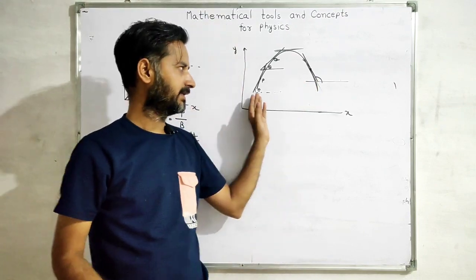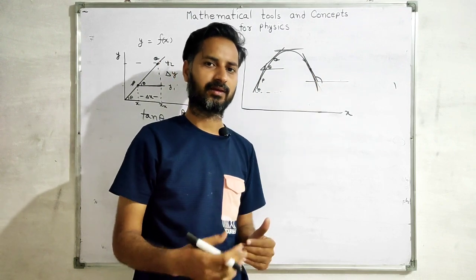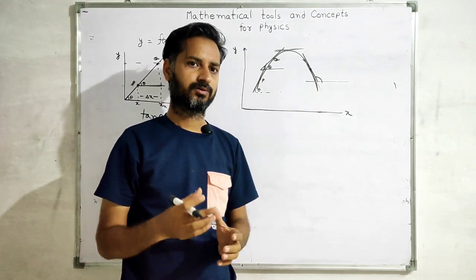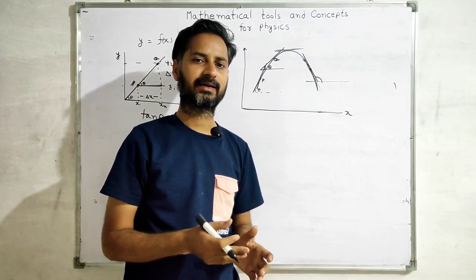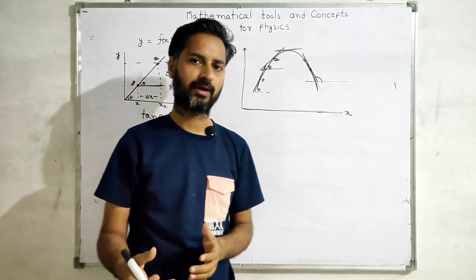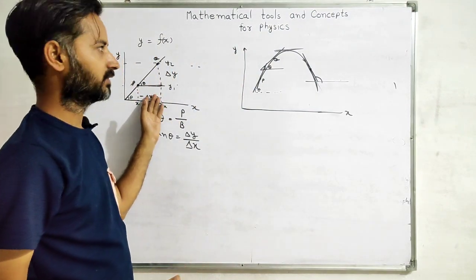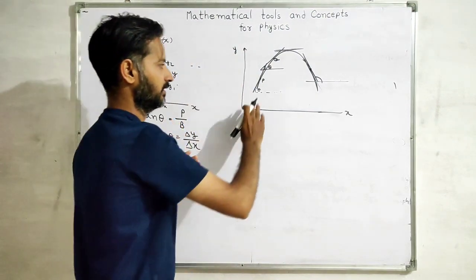So at each point theta is varying. So if I want to find the slope at an exact point, then what would I do? If I do this activity, then what do I get? Let's see.